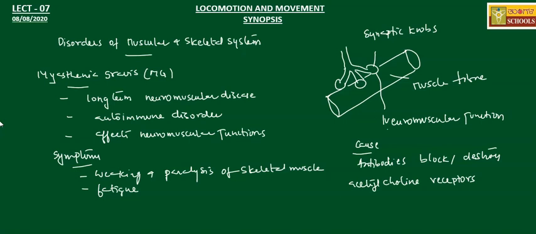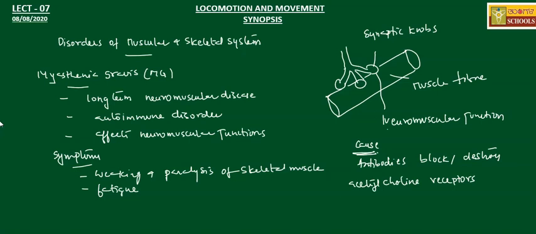Because of this, the impulse will not reach the muscles, and that results in failure of responses by the effector organs. Coming to the treatment, there is no cure in this case. Only some immunosuppressants may be used to reduce the symptoms. So that's about myasthenia gravis.